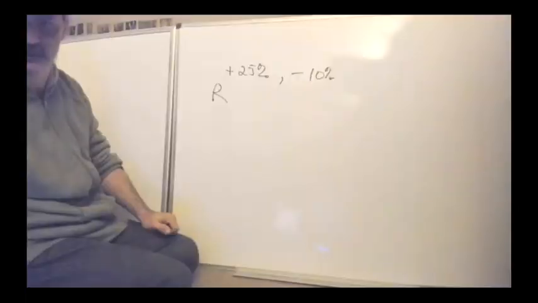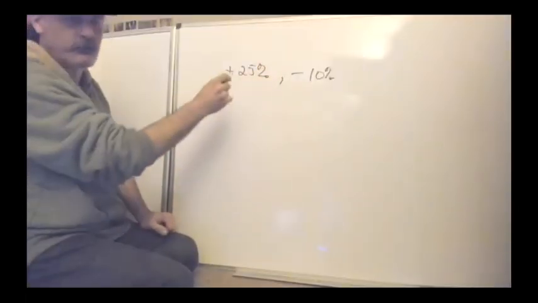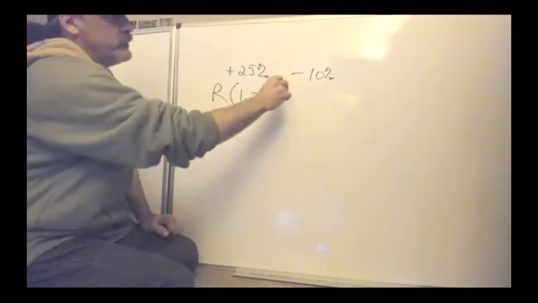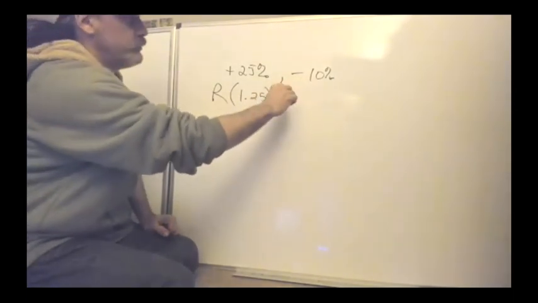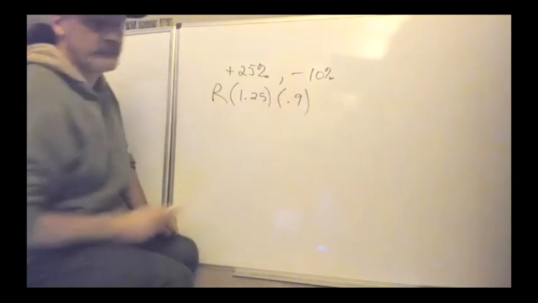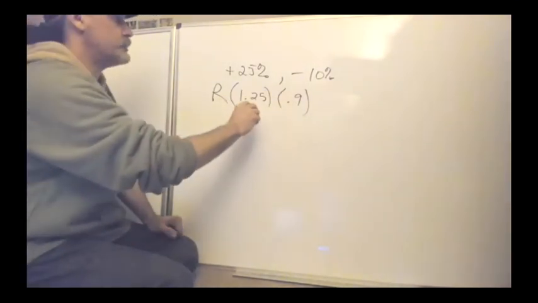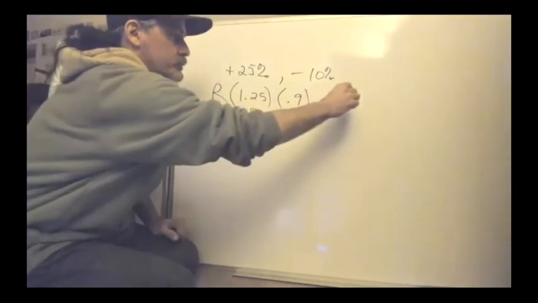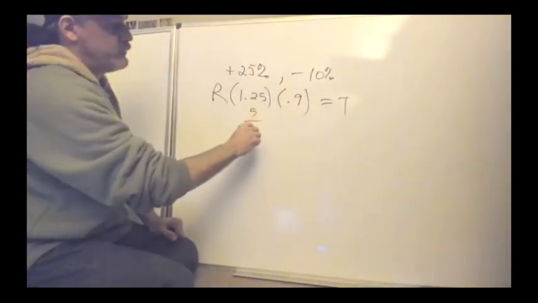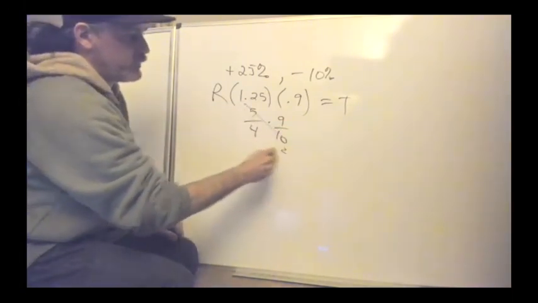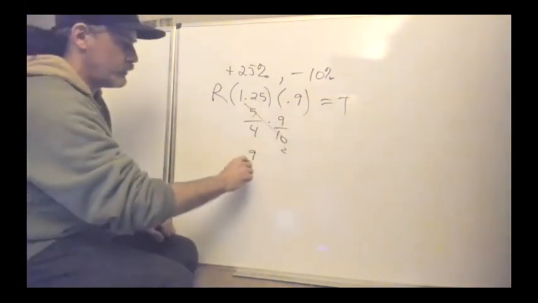Okay, so I just mimicked that like that. So let's multiply first by 1.25, and then 1 minus 0.10 would be 0.9. Now I'm going to change these to fractions, and this would be the function. So this is basically 5/4, and that's 9/10. All right, so notice we can simplify. So that's 9 over 8.